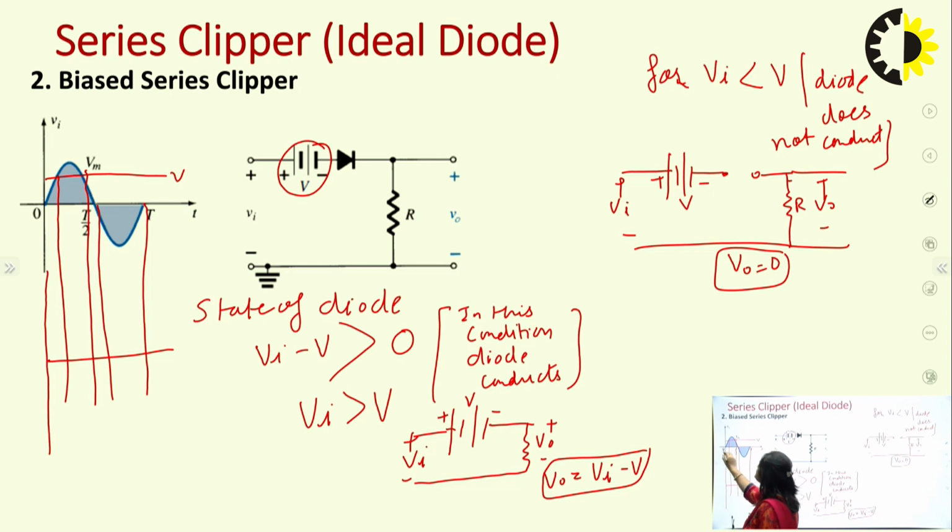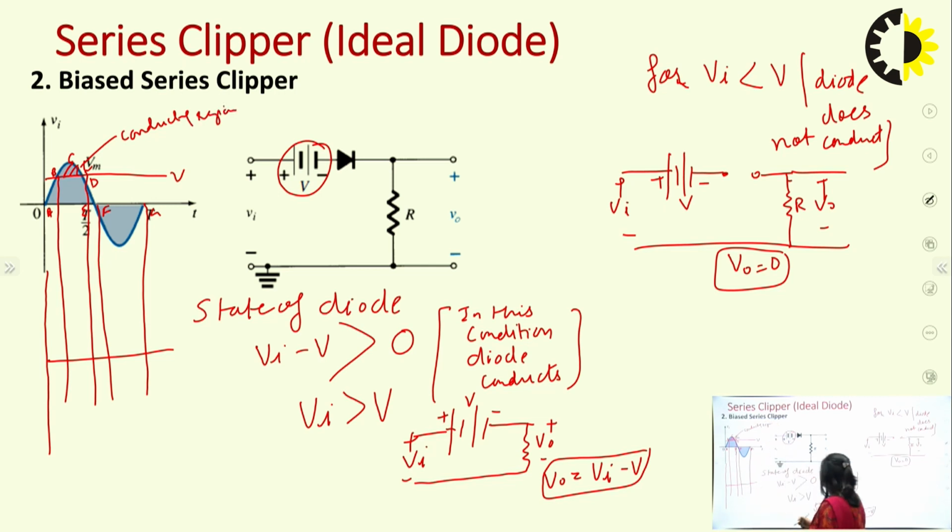Okay, so this point is A, this point is B, this point is C, this is D, this is E, F, G. So different points are there. So we have to find the conducting region. So our conducting region is where Vi is greater than V. So this level is V. So Vi greater than V is this part. So this part is our conducting region.